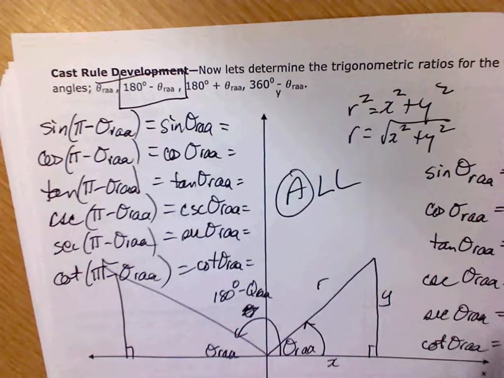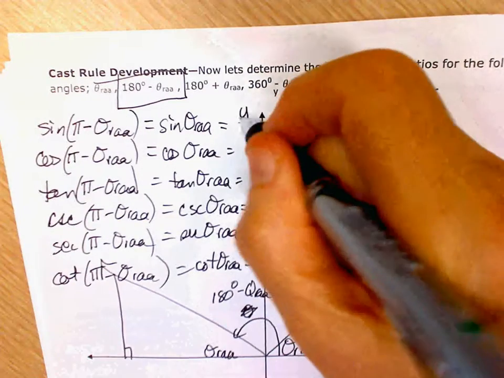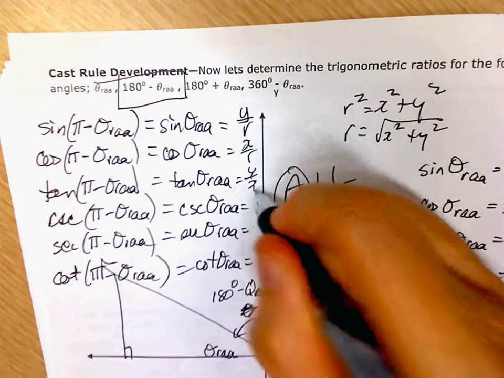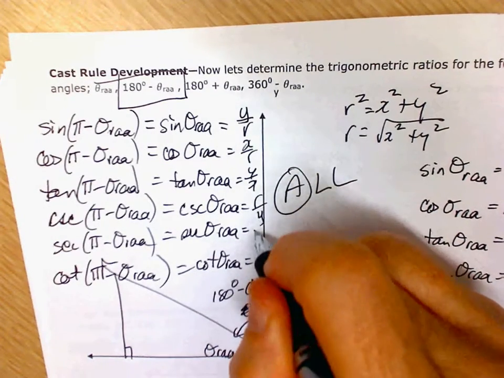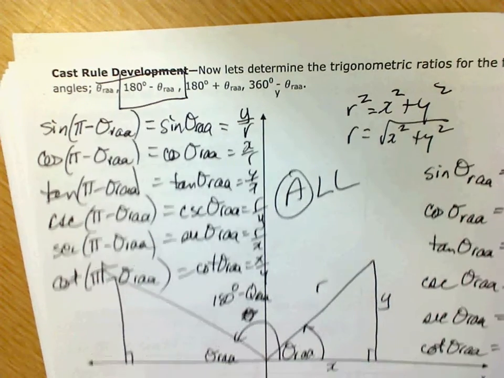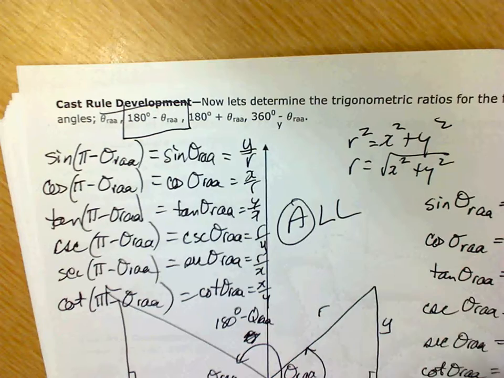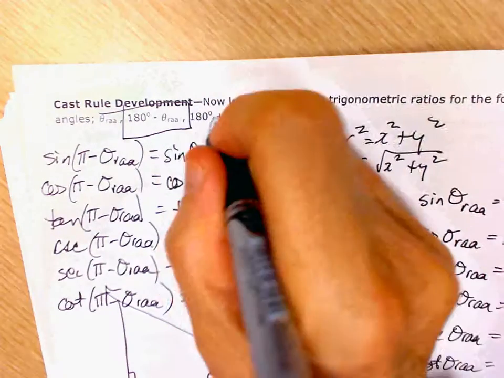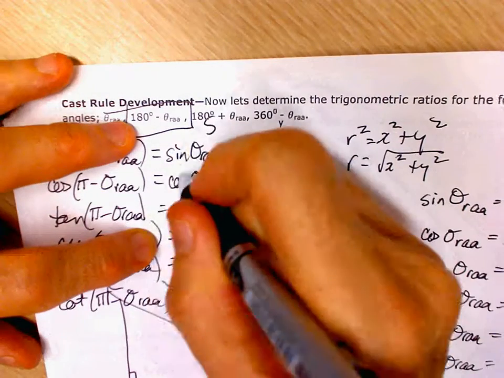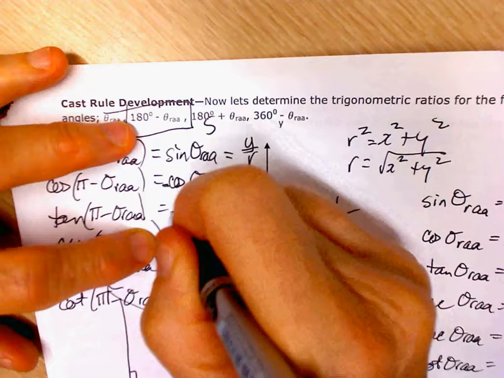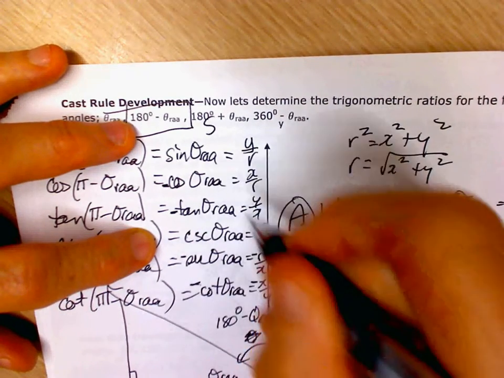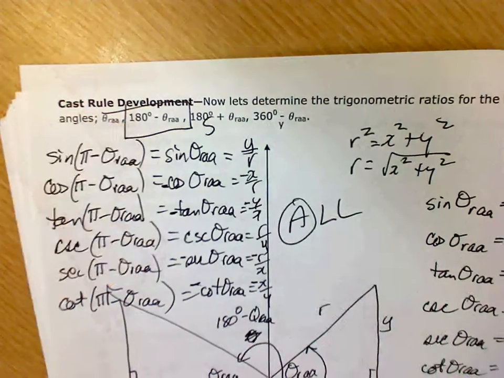So we have y over r, x over r, y over x, the reciprocal r over y, r over x, and x over y. We just have to get the sign of it. You know by the CAST rule, the only one that's positive here is sine and its reciprocal. So the rest are negative. Negative, negative, negative, negative. Do you see what I mean? That's easy. It doesn't get much simpler than that.